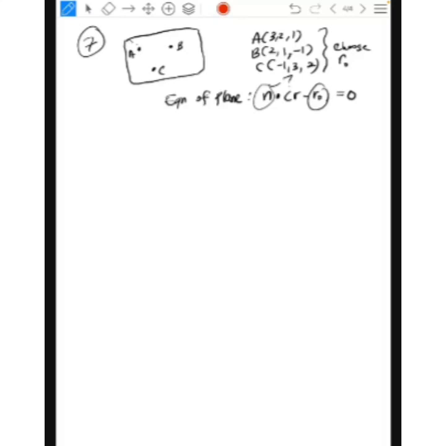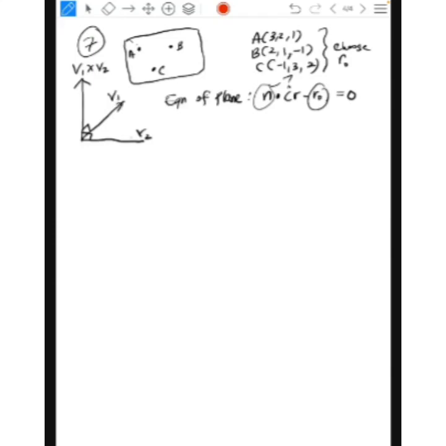Basically, you have to cross product any 2 vectors to find the normal vector. If you cross 2 vectors, let's say this is vector 1 and this is vector 2, the product of this cross will be V1 cross V2, which is 90 degrees to V1 and 90 degrees also to V2.